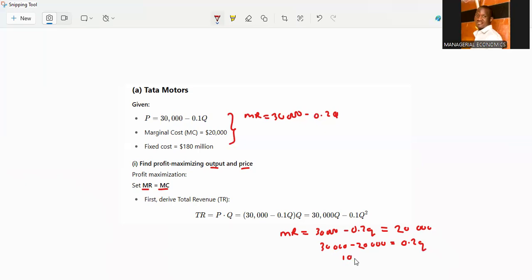So 30,000 minus 20,000 is 10,000. We divide both sides by 0.2. What do we get as our Q? 50,000. So we're going to have our Q as 50,000.